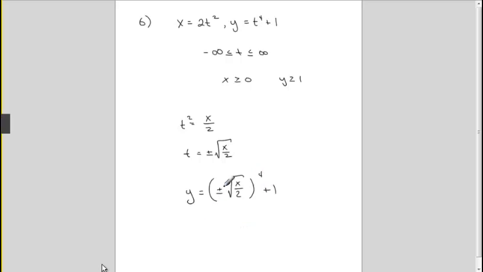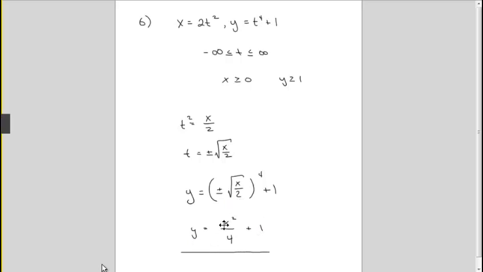Whether this is positive or negative, you're always going to get a positive quantity because it's an even power. So the square root of x to the 4th power is x squared, and the square root of 1 over 2 squared, then squared again, gives 1 over 4. So you get y equals x squared over 4 plus 1.